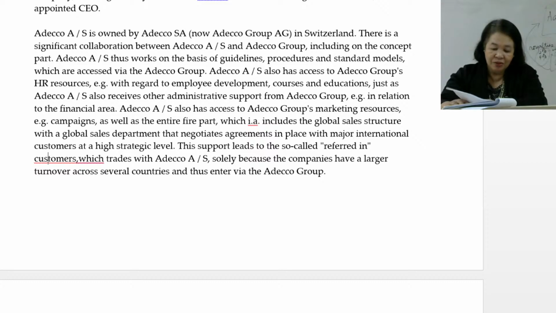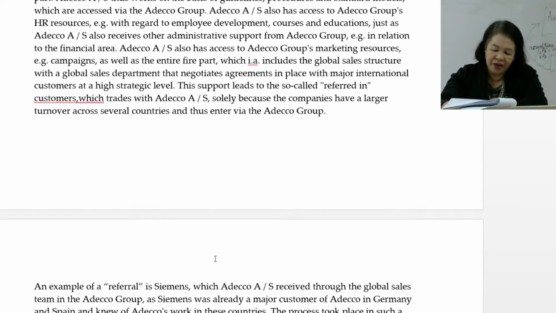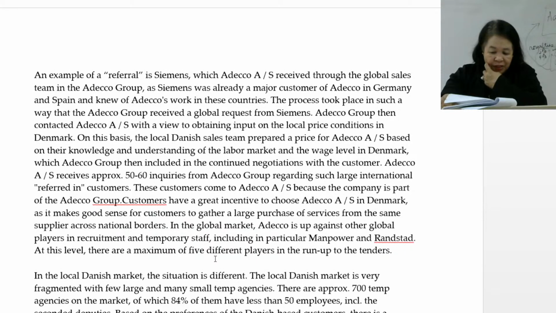As Siemens was already a major customer of Adecco in Germany and Spain and knew of Adecco's work in these countries, the process took place in such a way that Adecco Group received a global request from Siemens.